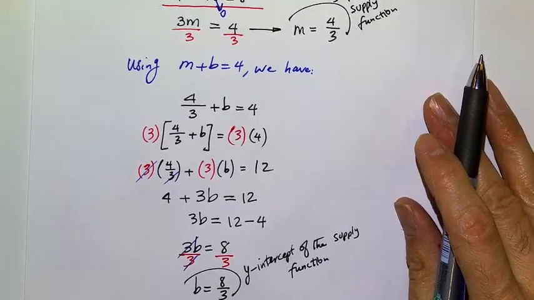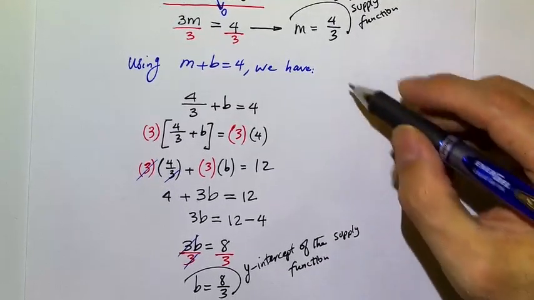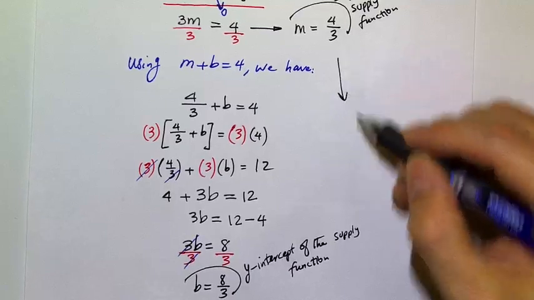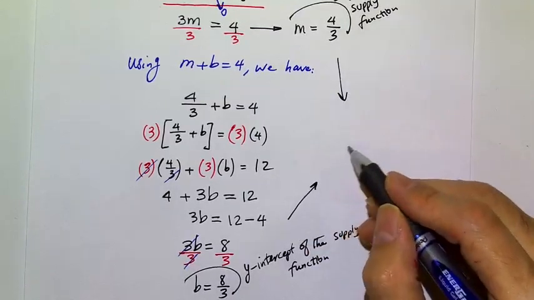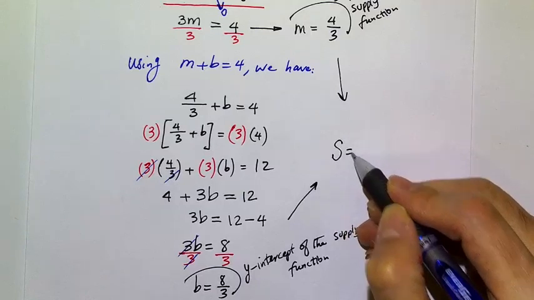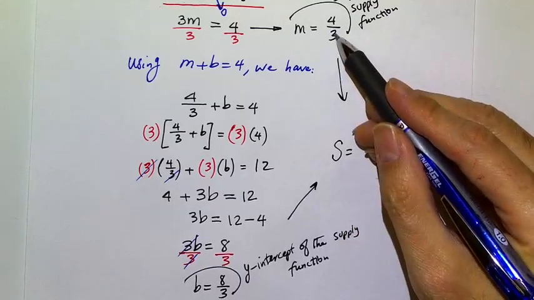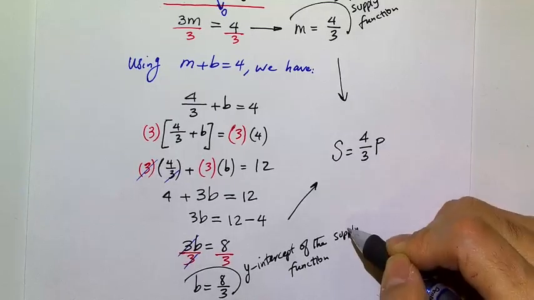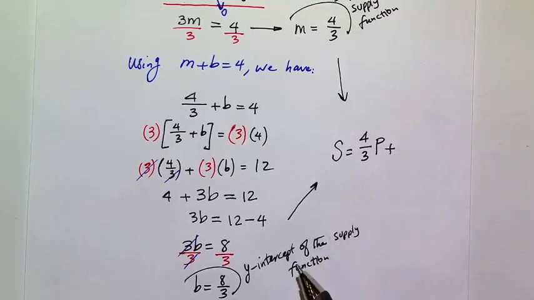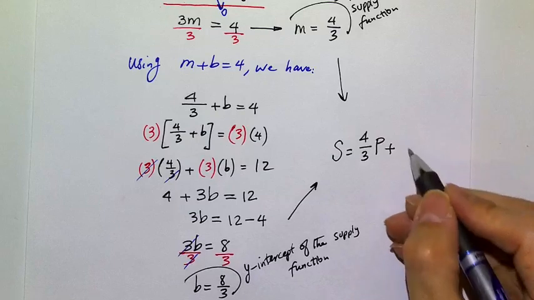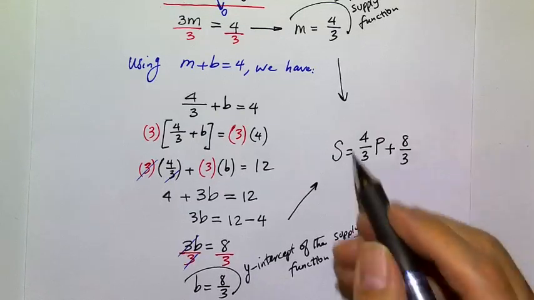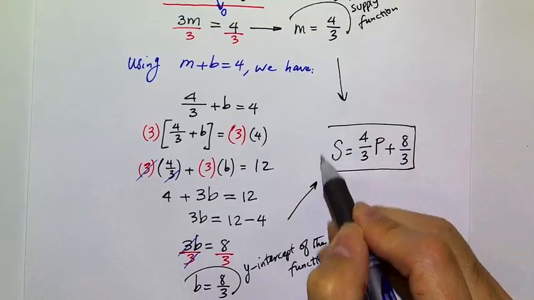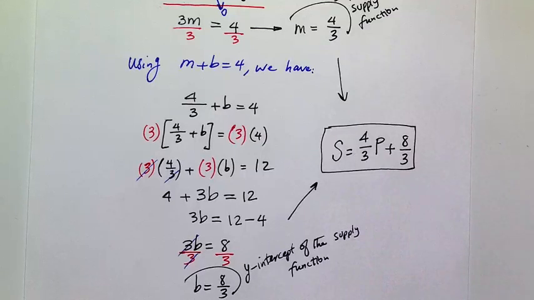If I can keep everything on the screen, let's do that from here and from here. Then we write down the supply function is equal to that slope, 4 over 3 times P for price, plus this y-intercept that we just found, 8 over 3. So there is our supply function.